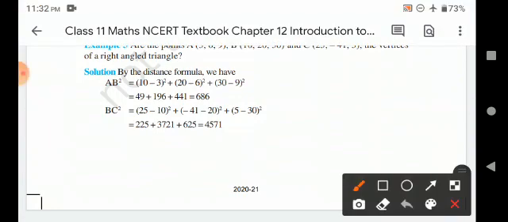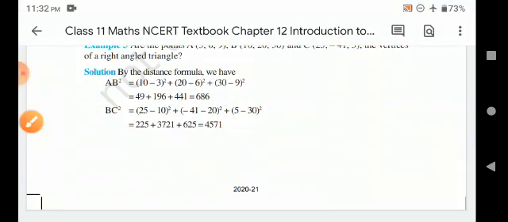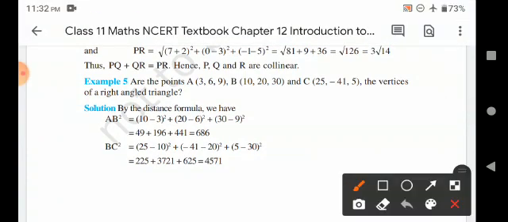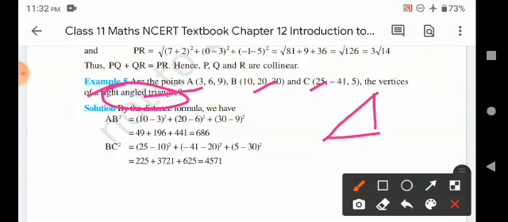Now, my dear students, we have one more question of a similar type. In this case, we are going to check whether the given points are the vertices of a right angle triangle or not. We have to show that these are the vertices of a right angle triangle.